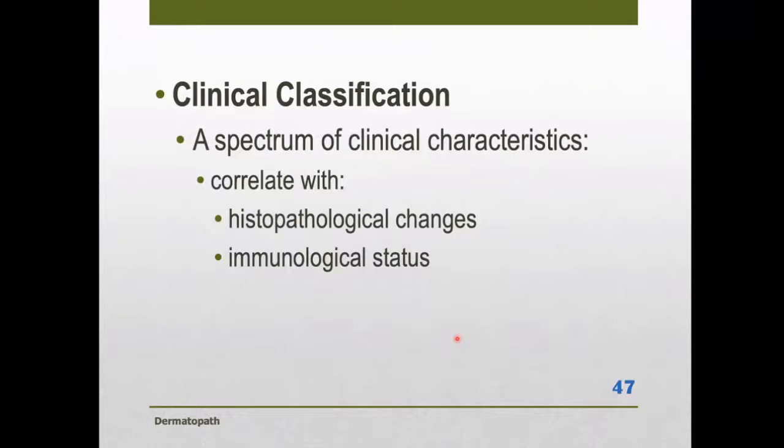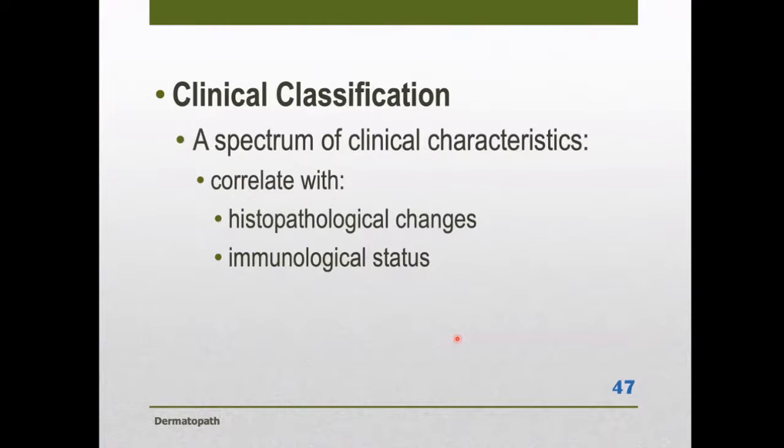So clinical classification, as I said, there is a spectrum of clinical characteristics which correlate with histopathological changes and the immunological status, where I said if immunity is strong, the person will have less bacteria and less reaction.